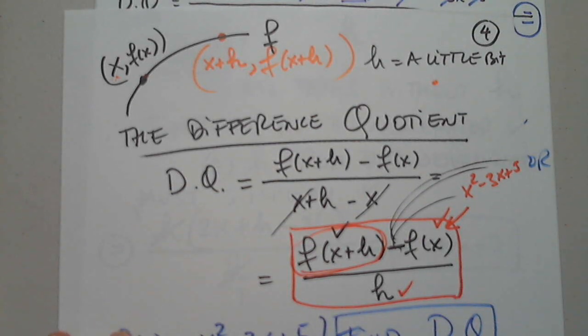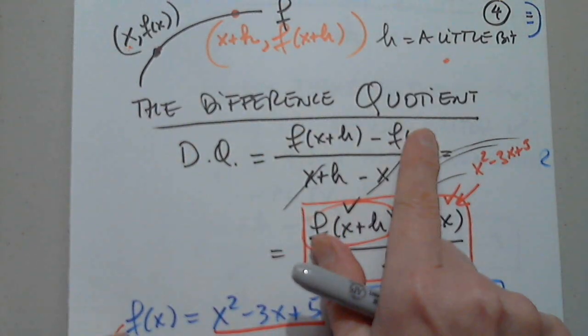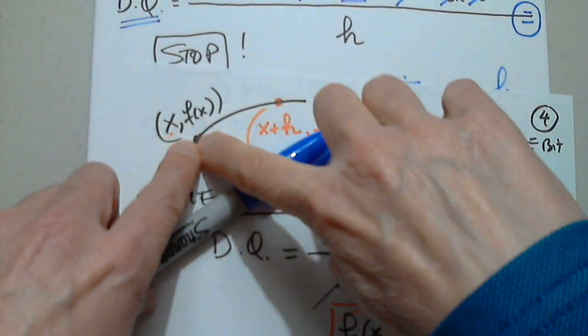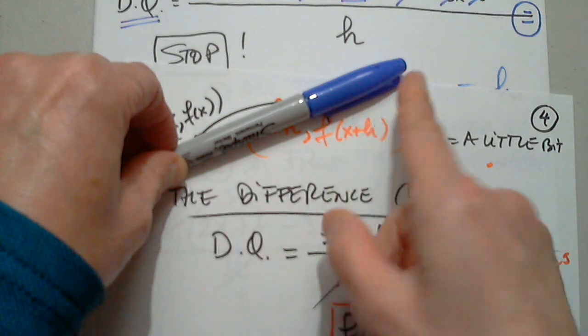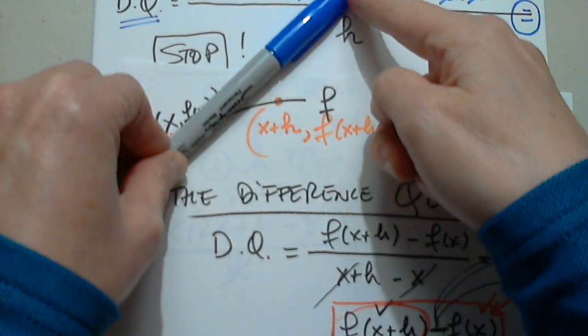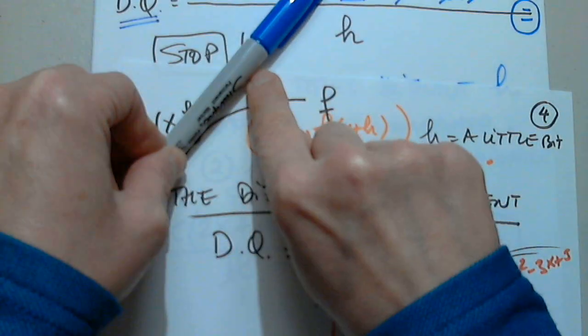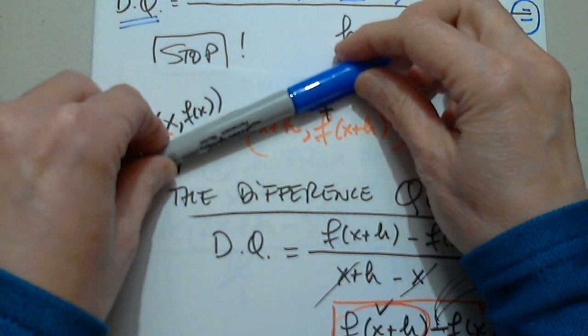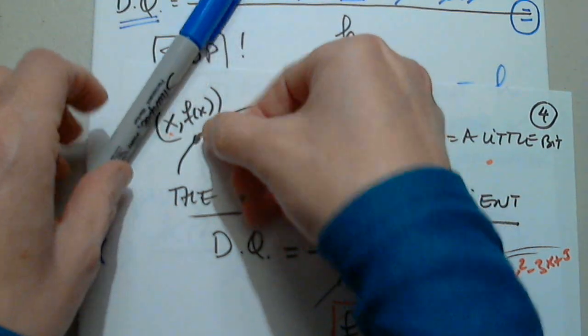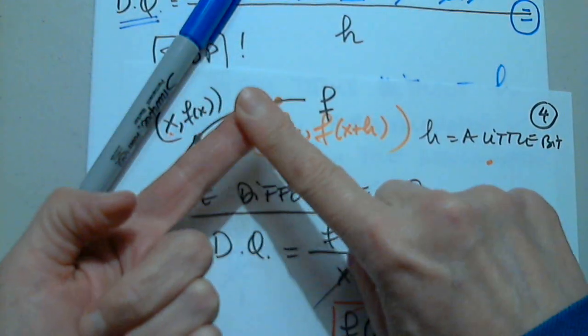When I try to determine the difference quotient, because these 2 are so close to each other, this is no longer a secant line, but almost the tangent line. Almost. It's not the tangent line because these 2 points are not one and the same, right?